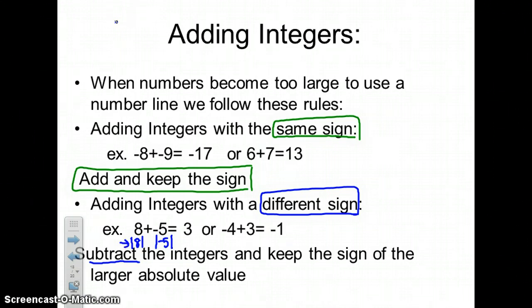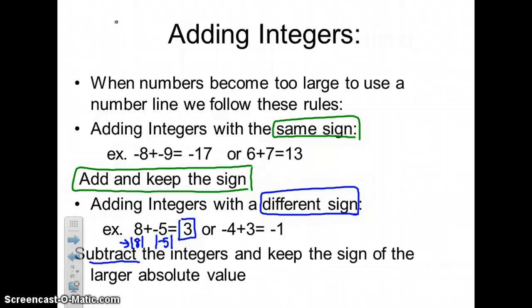So we keep the sign that's with the 8, which is positive. So that's why our 3 here is positive. If I have $8 and I spend 5, the money that you have is larger than the debt that you need to pay. So the end result is positive. The positive number had the bigger absolute value.